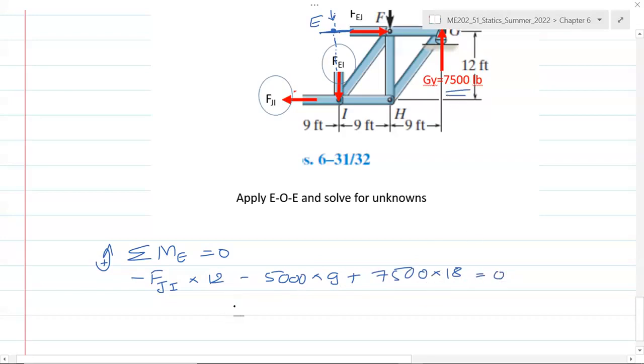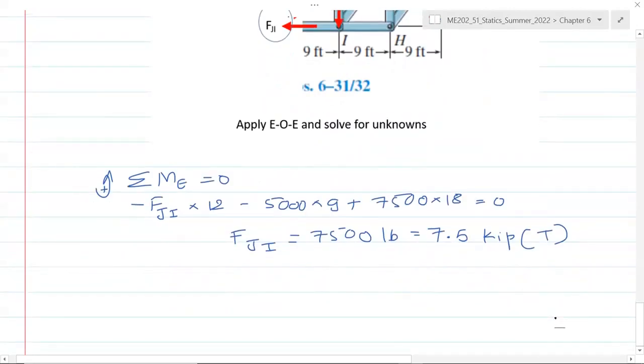From this we can solve for Fji, which is 7,500 pound, or we can write this as 7.5 kilopound, where kilo is 10 to the power 3. And we get the positive answer. That means the assumption of the arrow coming out from the cut member is the correct assumption. So this member is in tension, and we write in brackets T for tension.